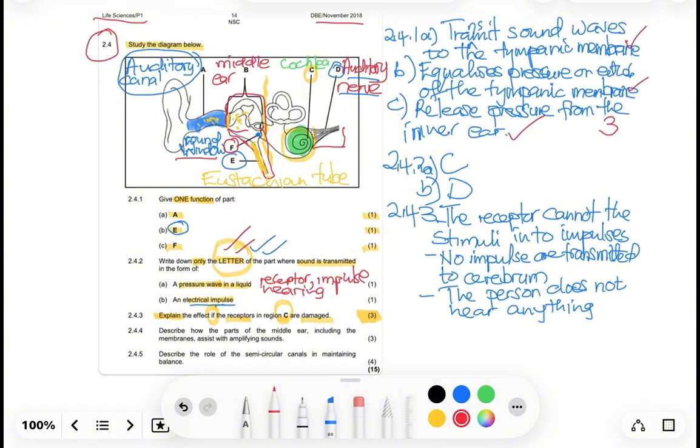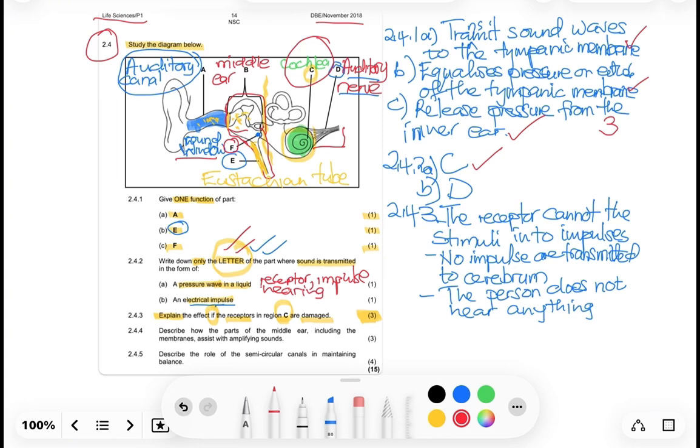So the part that transmits sound waves in form of pressure waves, we saw that it is C, the cochlea, right? So we want the letter, so it is C.